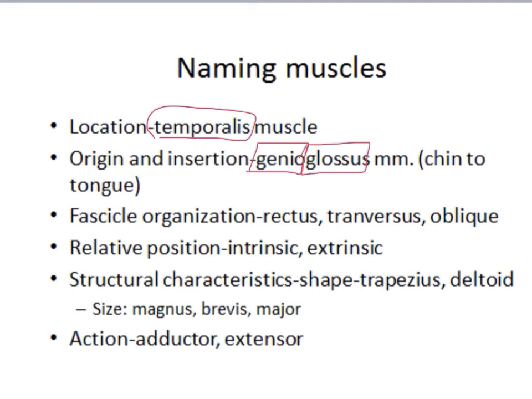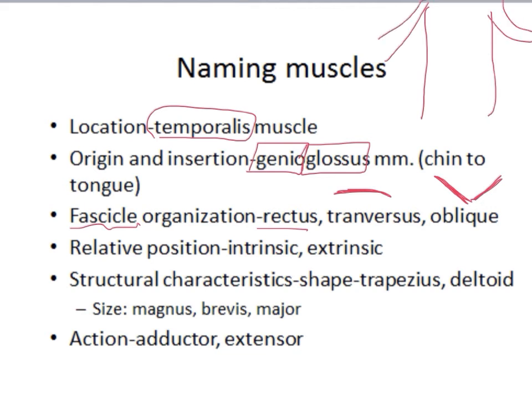We've already talked about the arrangement of the fascicles. Here, rectus means straight, transversus means across, and oblique would be an oblique direction like that. Your examples here would be the rectus abdominis. Let me draw an abdomen here. Ooh, this is bad.